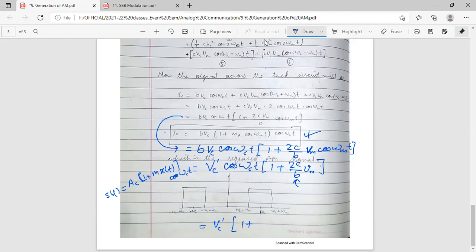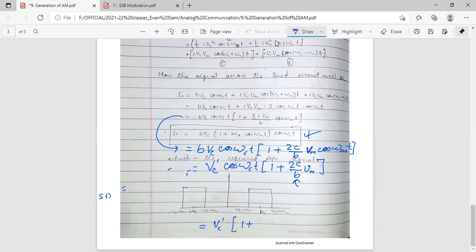Okay, so I should write it somewhere else so that it will be more clear. So I'm writing it here.